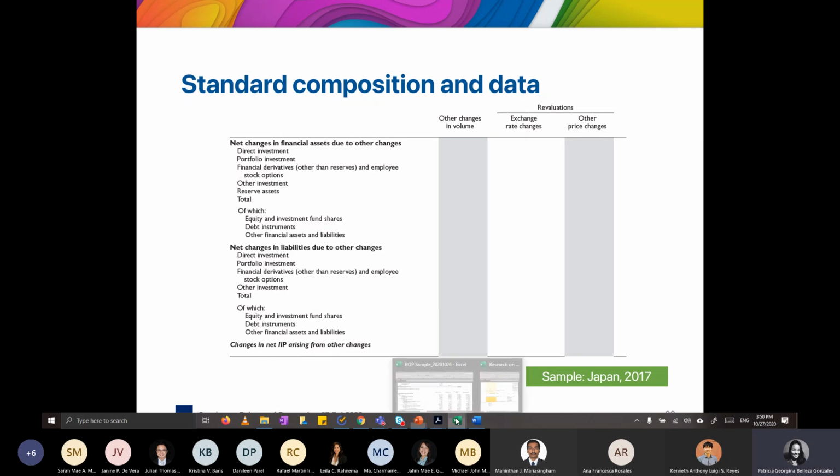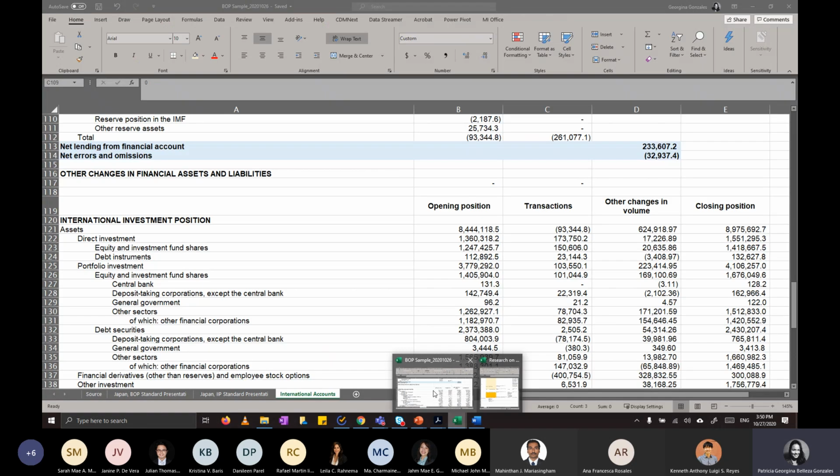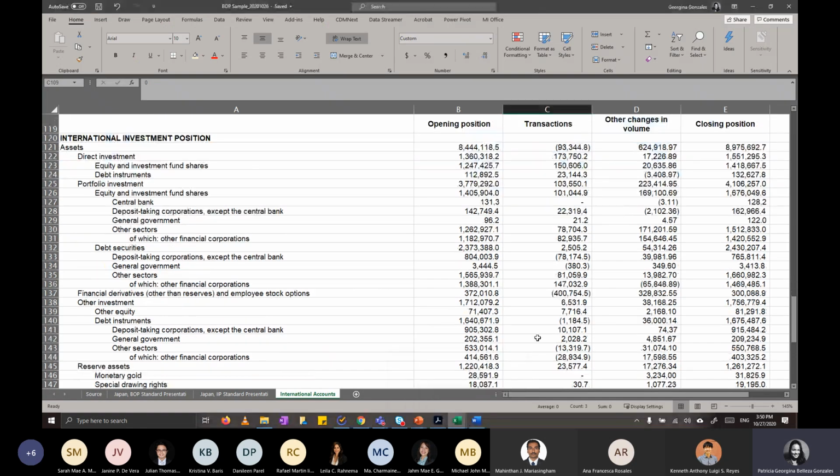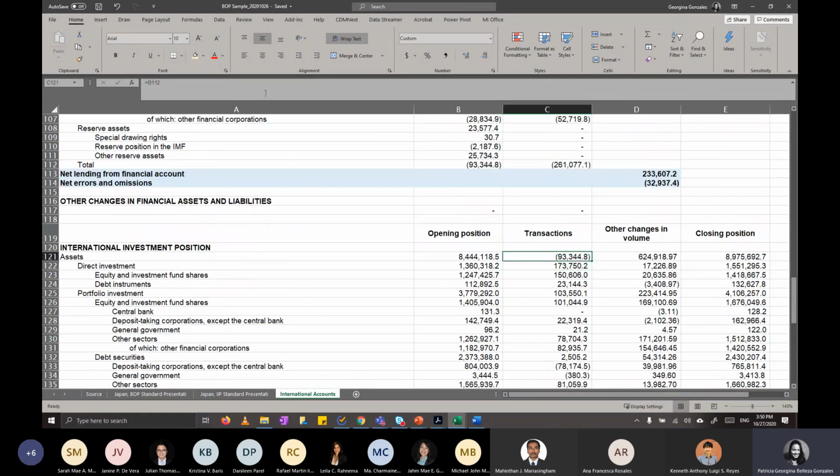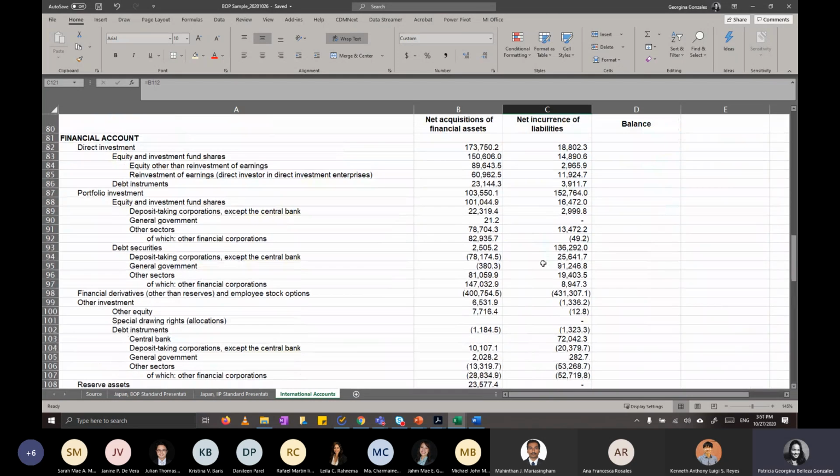So the dataset I obtained for Japan doesn't actually have other changes in volume. So what I tried to do was, I had the opening position. This is for year 2017 generally. So the opening position is just the end of year position in 2016, which is assumed to be the opening position in 2017. And then you have here the sum of the financial transactions.